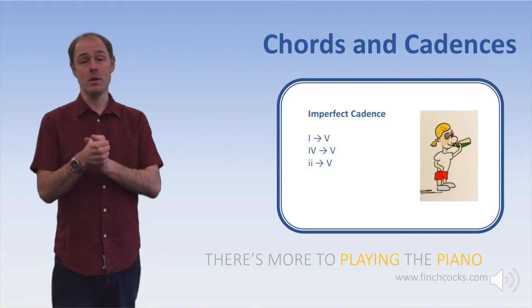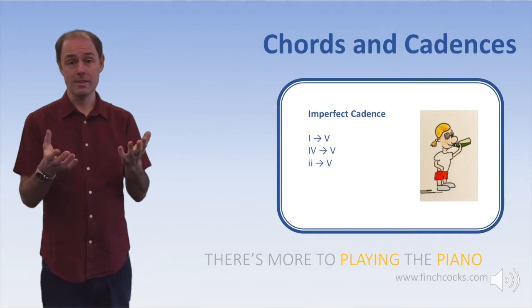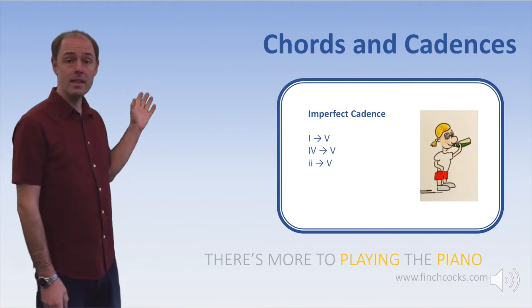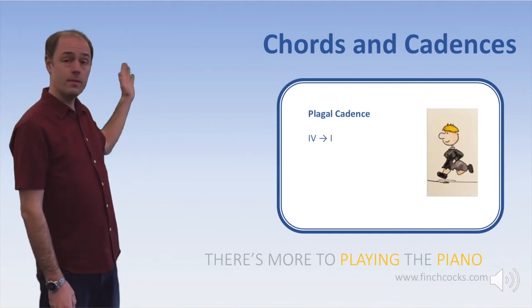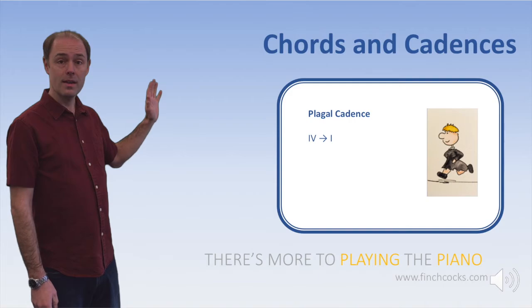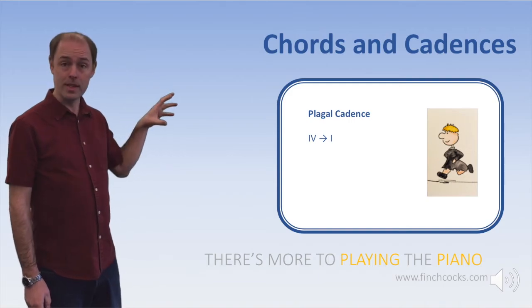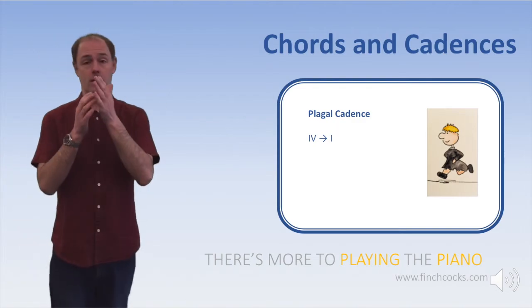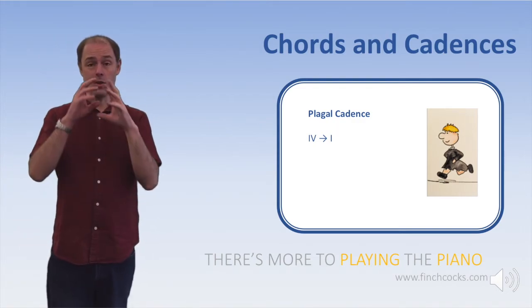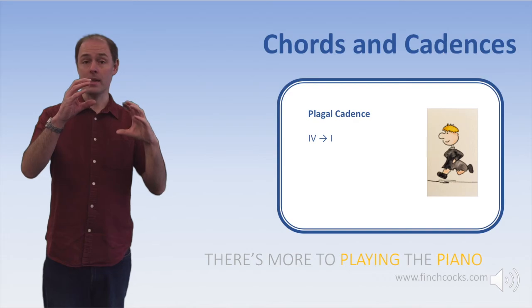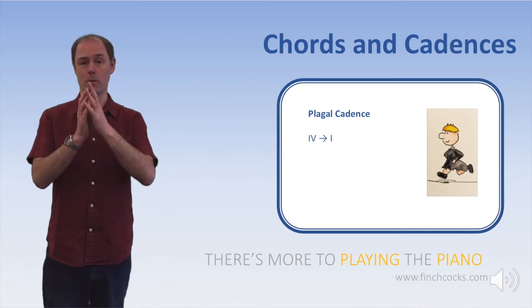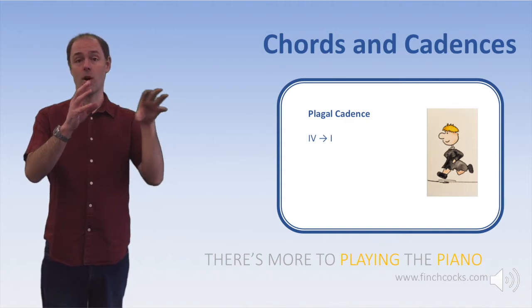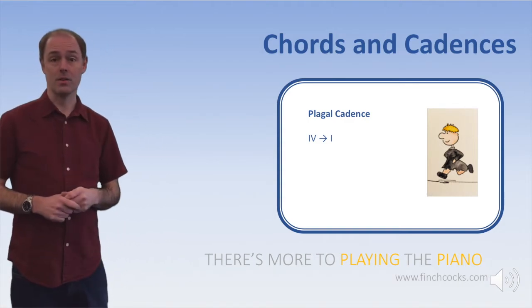Other cadences you might come across in your playing, and also in grade 5 theory exams, are the plagal cadence, which goes 4 to 1. Again, it sounds like you finished the race, but I've drawn a vicar running this race because the chord progression 4-1 is often set for the word Amen. If you're familiar with hymns and the setting of Amen, you might recognise that sound.